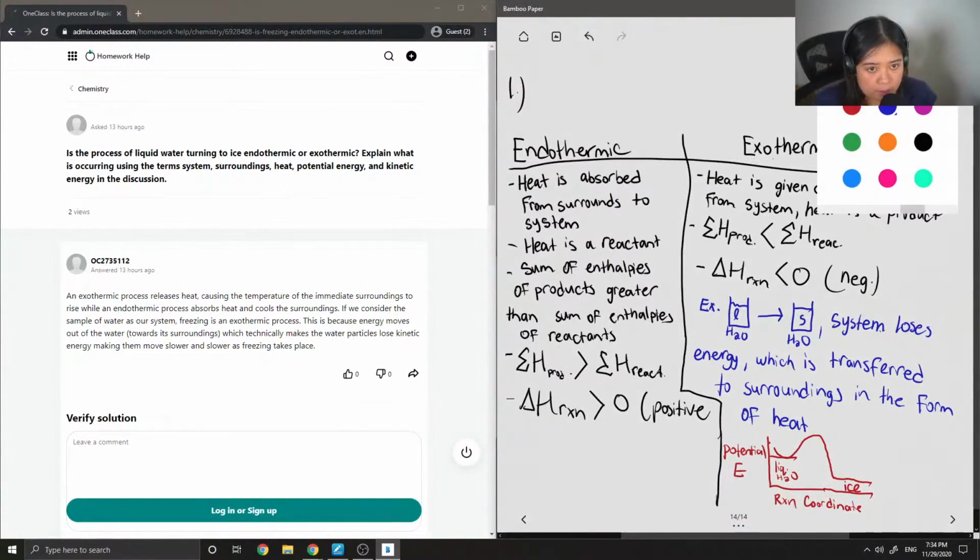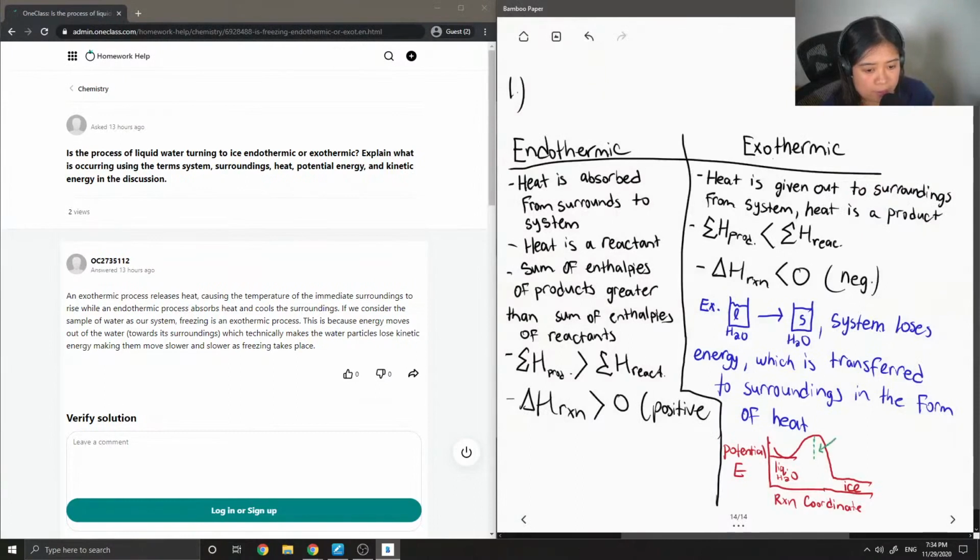This little hump here is referred to as the activation energy. This is how much energy needs to be added for the reaction to take place.